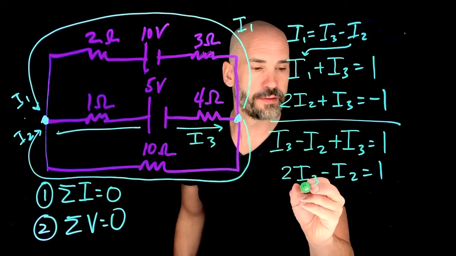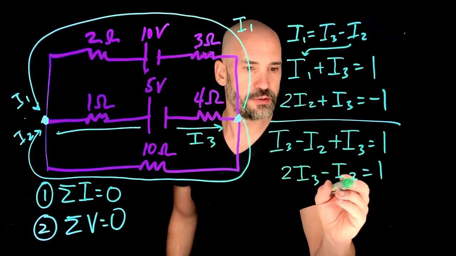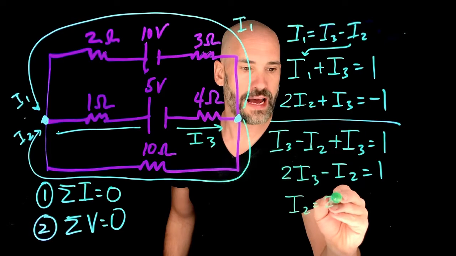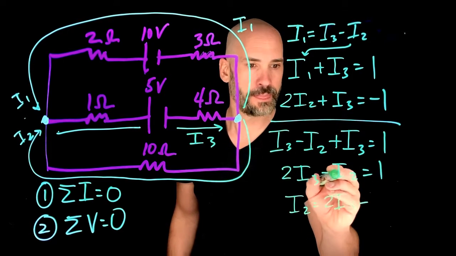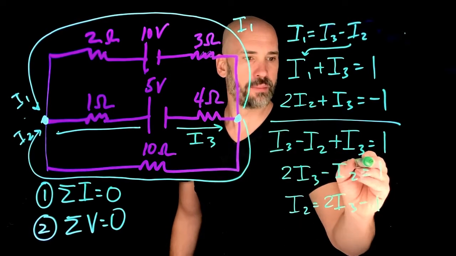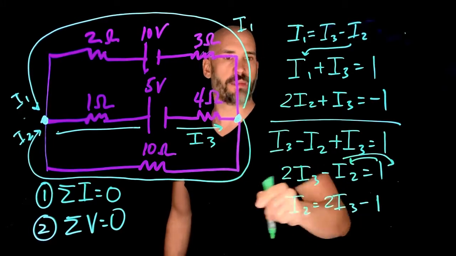So I can solve for I2 here and say that I2 is equal to 2I3 minus 1. Right? I'm bringing this over here and this over there. So I2 is equal to 2I3 minus 1.